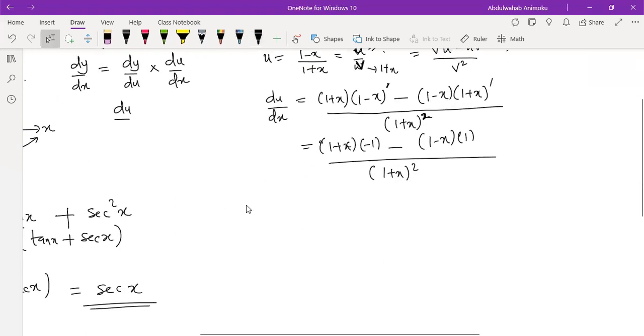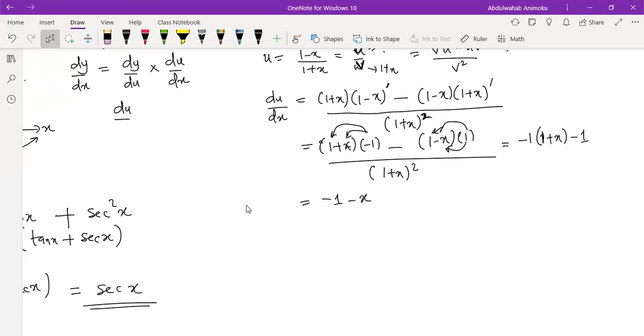Now, what happens here is when we expand this, minus 1 times this, then minus 1 times this, I'll have minus 1 minus x, then 1 times this. Don't forget, we can rearrange this. I usually prefer to bring the single terms to the front, so that it will be much easier to see how to expand this.